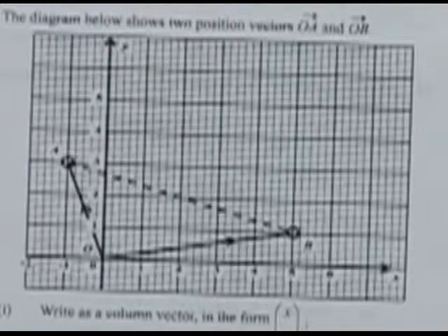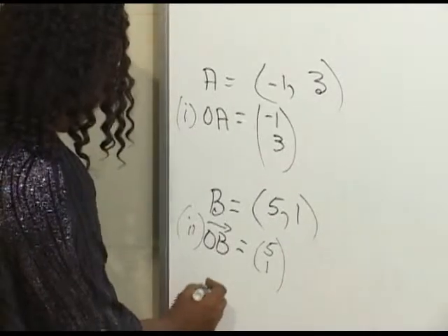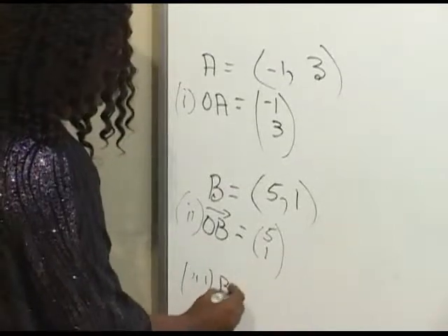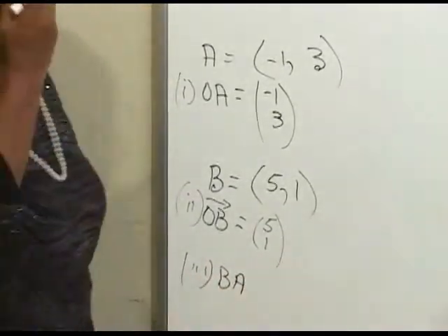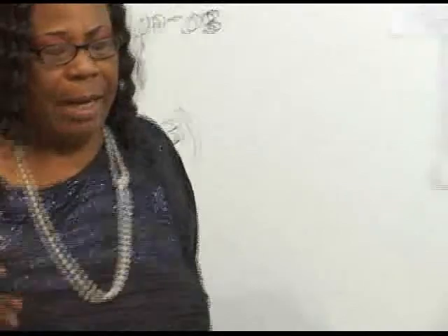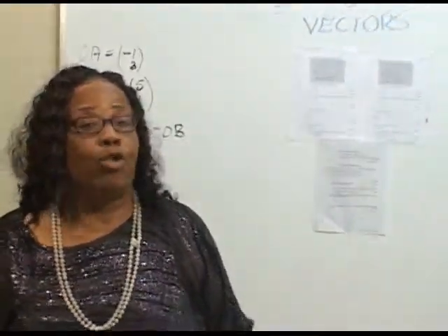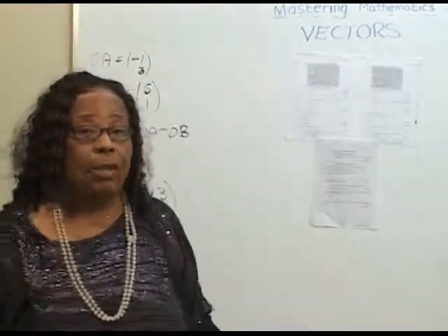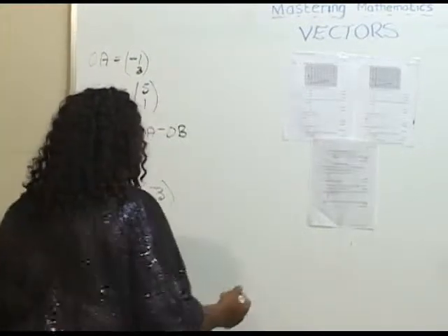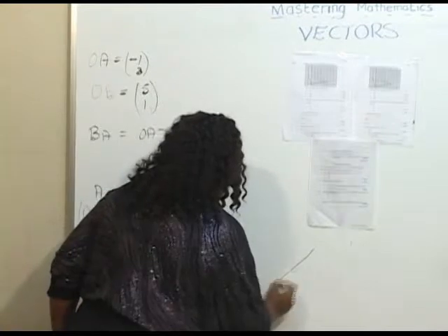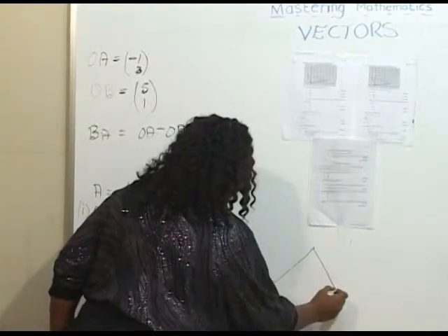And every time we want to see and to understand, is there a relationship with this OA, OB, to the third one that they're asking us to find, which is BA? And we would look and see, because I have said to students already, every time they ask you to find a side, and this time it's BA, we can draw a triangle OBA. So let us do it and see. And then, of course, we can identify our resultant and our sides.